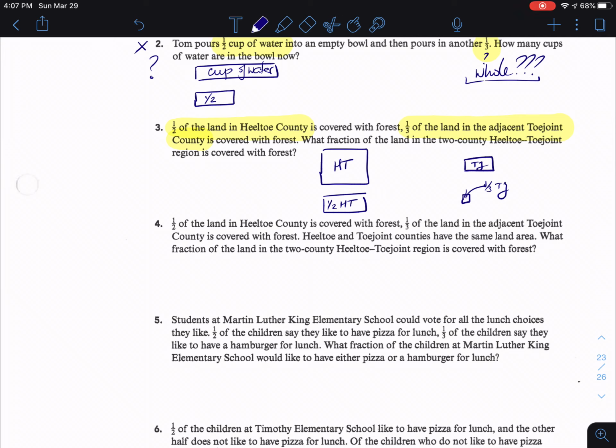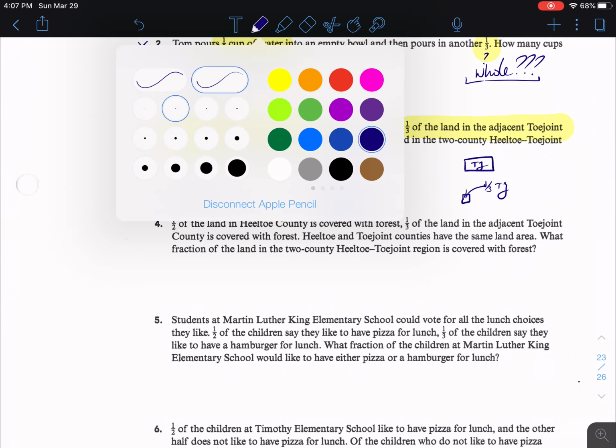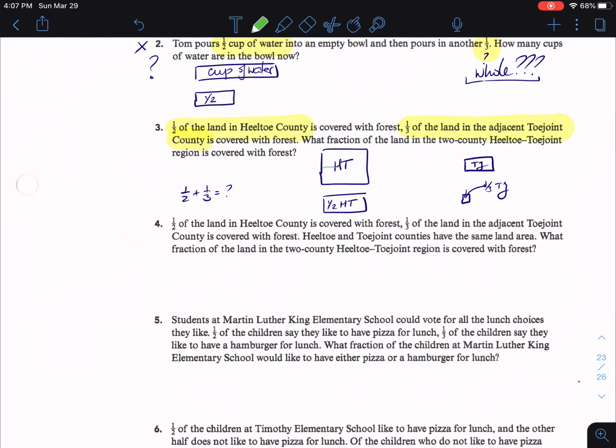Does it make sense to add a half of the Heel-Toe and a third of the Toe-Joint? Does it make sense to say that that's a half plus a third, which is 5/6? Well, let's see if we can make sense of it. Let's see if we can estimate it.